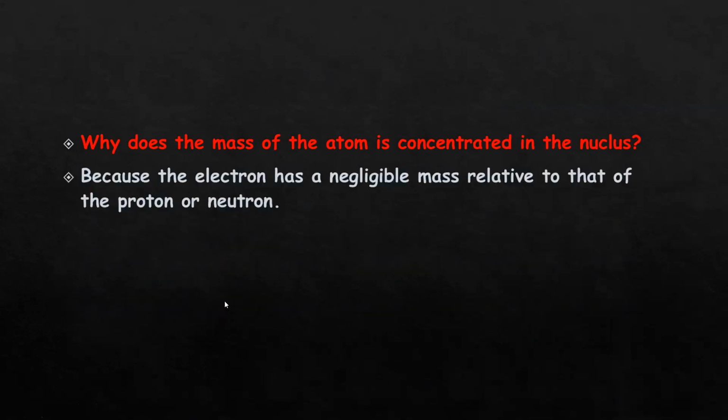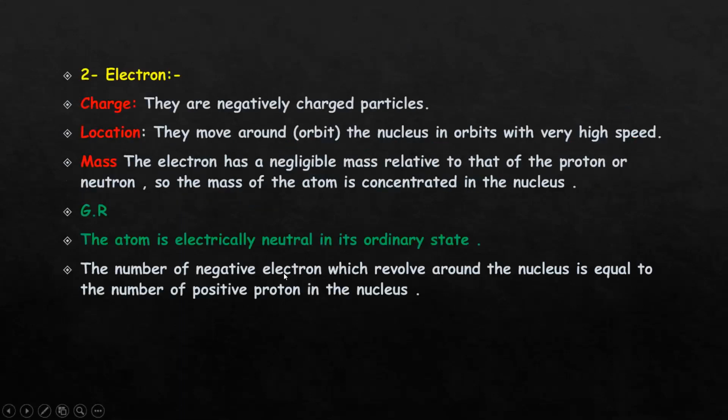Because the electrons have negligible mass relative to protons and neutrons. And why is the atom electrically neutral? Because the number of negative electrons that revolve around the nucleus equals the number of positive protons.